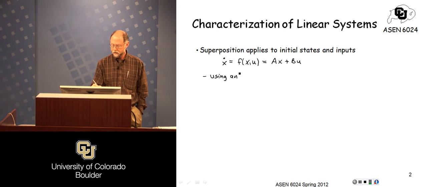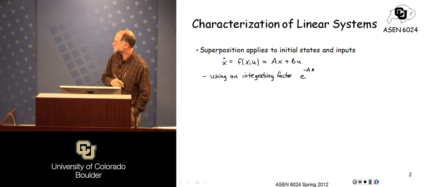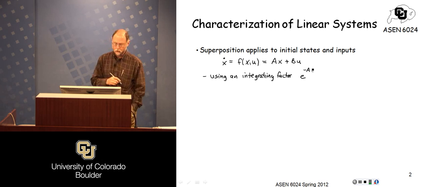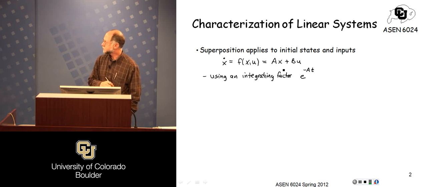And the way to see how to get that is if we just use an integrating factor, that is this e to the matrix AT thing. If we multiply that by both sides of this differential equation, then it turns out we can directly integrate it. That's what the integrating factor does for us.